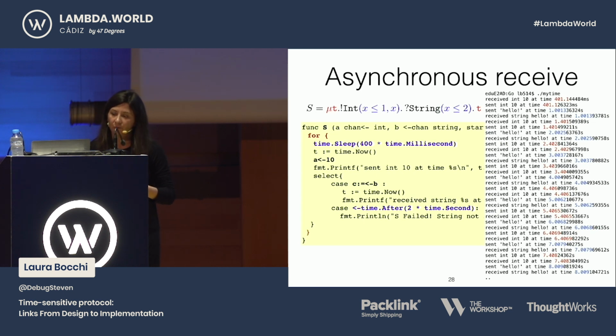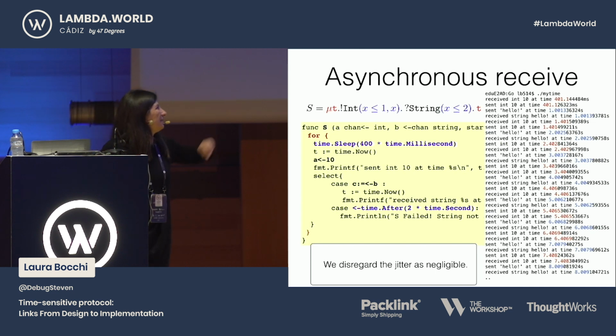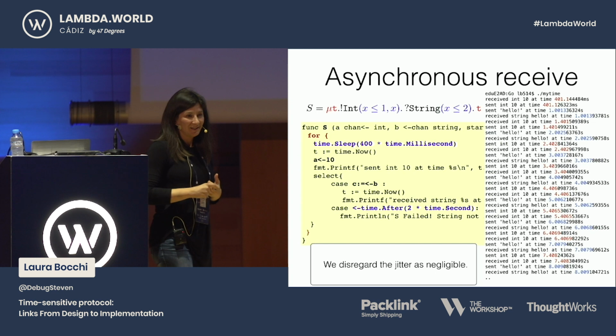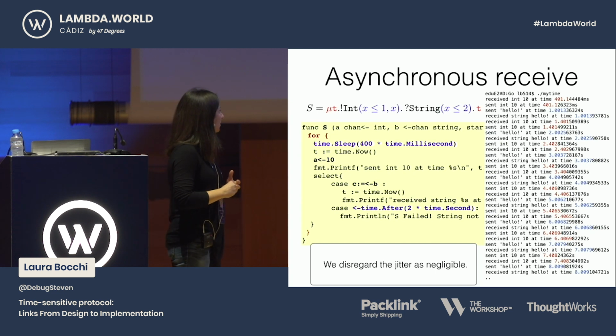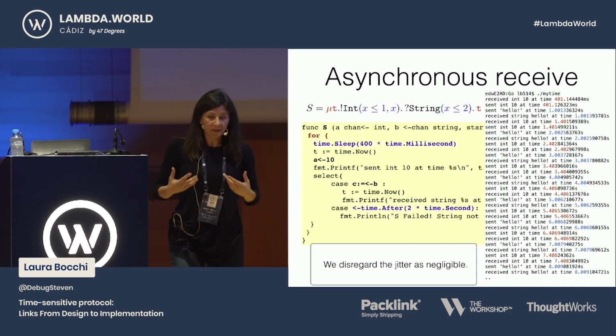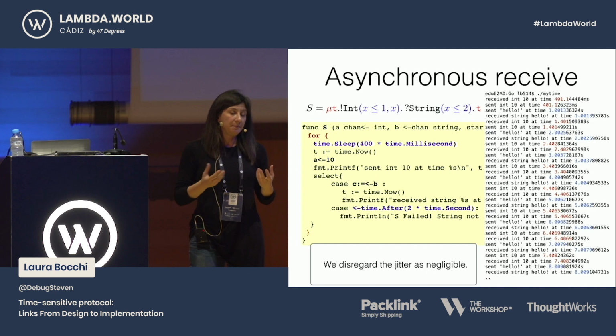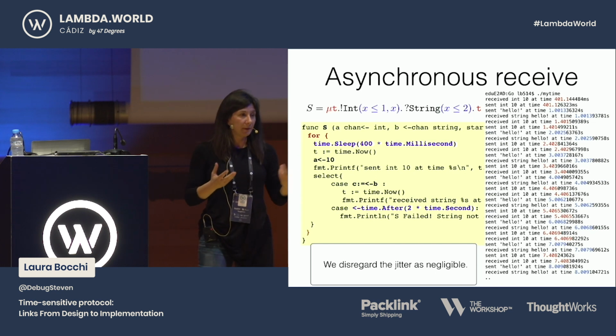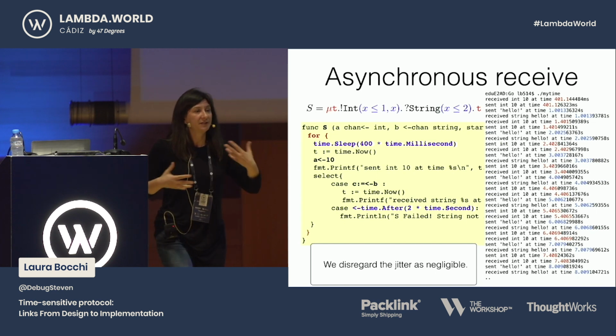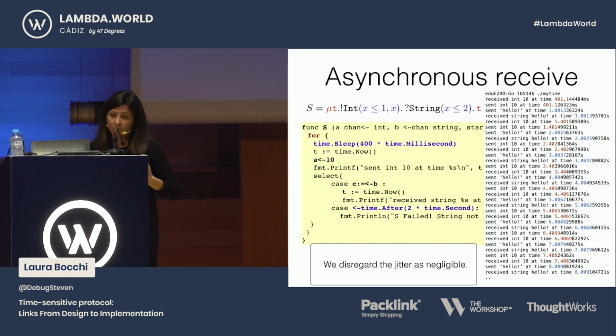In fact, we want to disregard all the precision error as negligible, which is, well, unavoidable when we talk about models. Okay, so we have observed that receive primitives may be blocking, maybe non-blocking, but when a message arrives in the buffer, they return immediately. They don't have this arbitrary wait.